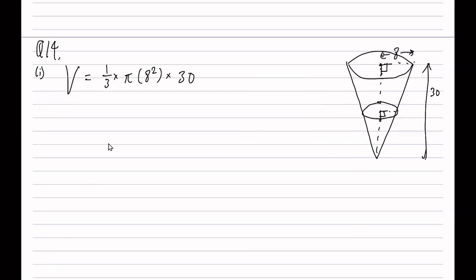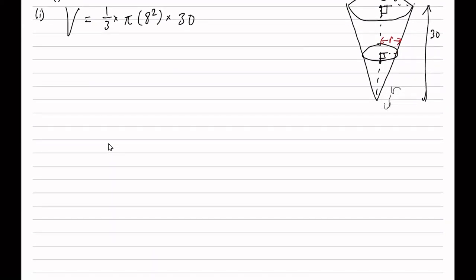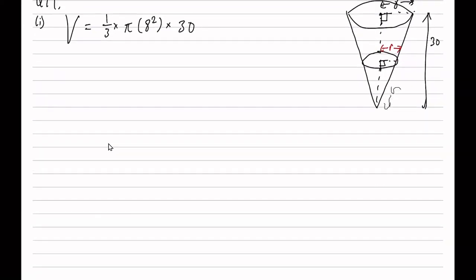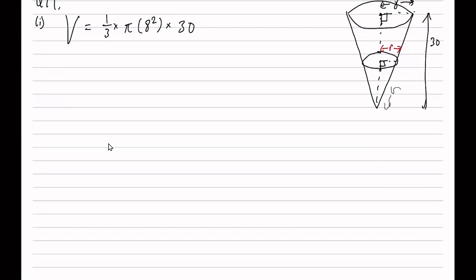Yes, over here. So label like this, R. How about the height of the water? Where is it? Can you draw? Yes, good. You can extend the dotted line.